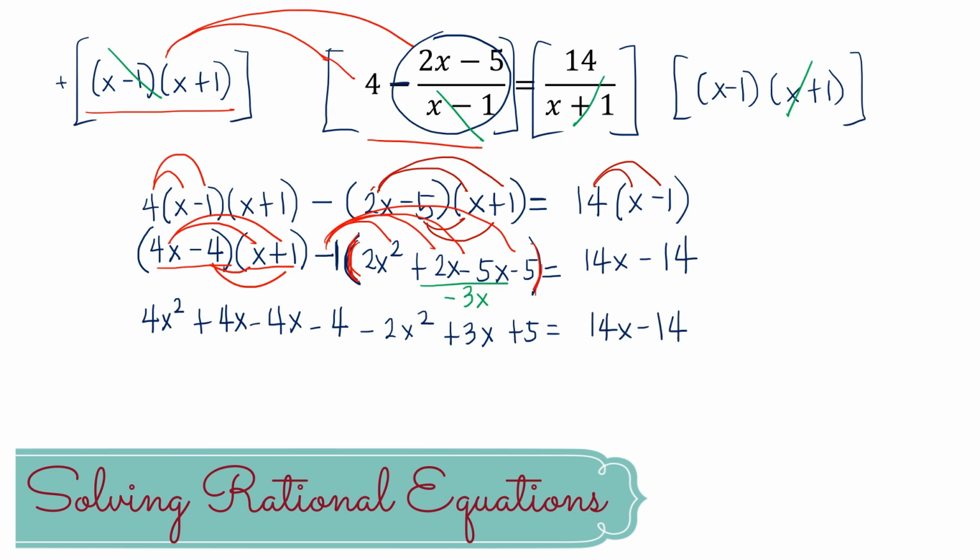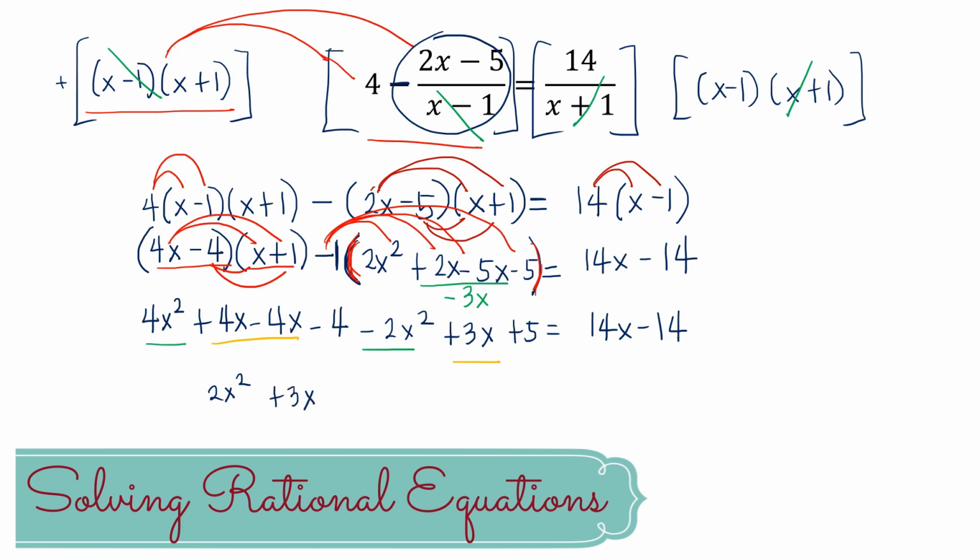Then let us combine like terms on the left side. So which are like terms? 4x squared and negative 2x squared is positive 2x squared. Then which else are like terms? 4x minus 4x is 0. Then we have 3x. So what is left is 3x.